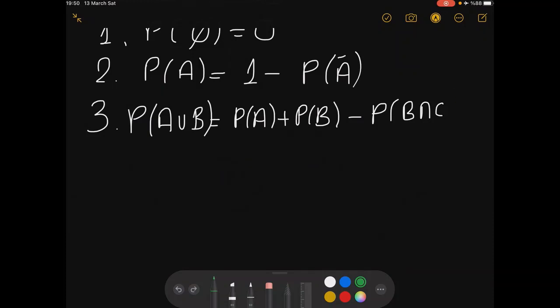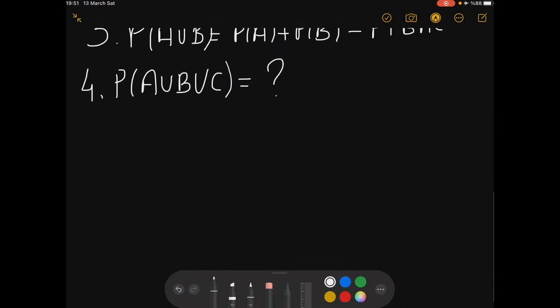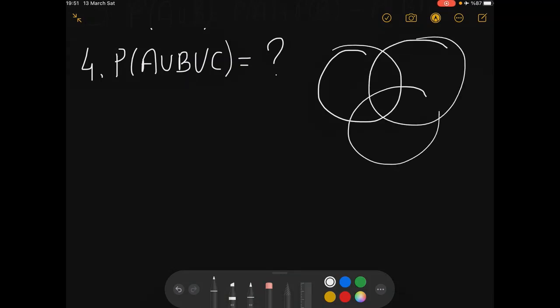And if you want to, for example, write down the probability of A union B union C, what should we write? And what should be our structure here? A, B, C. Pause the video and do it on your own. We should add them up, right? Not surprisingly, add them up.